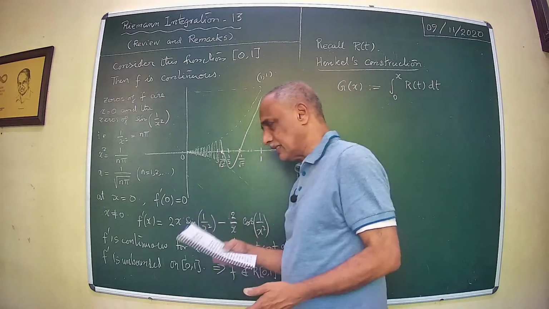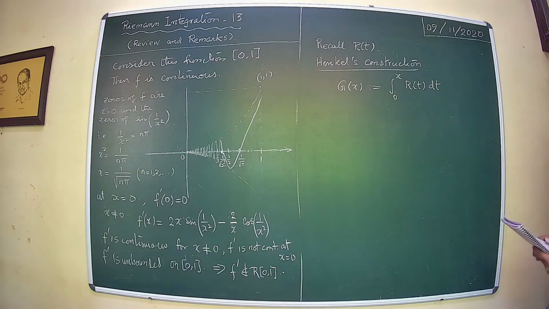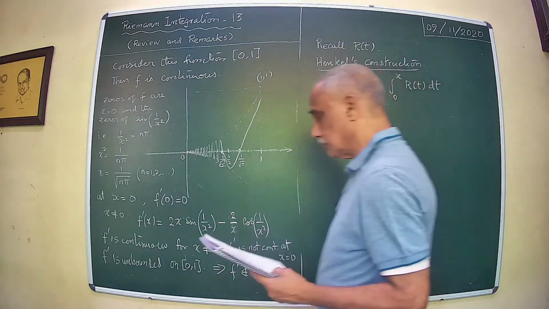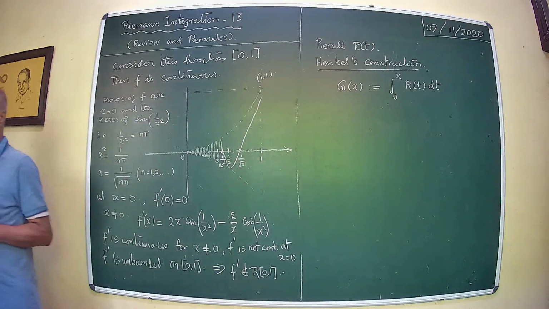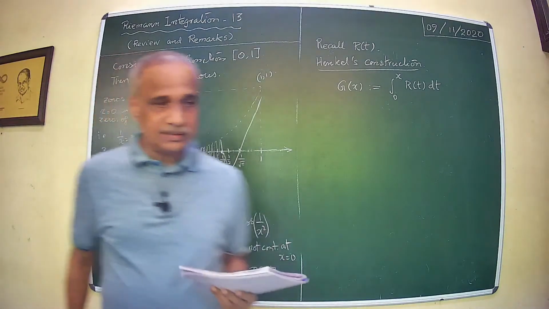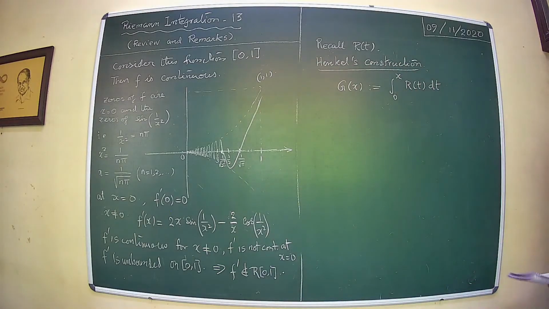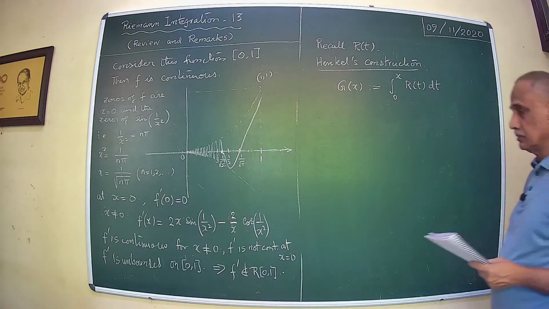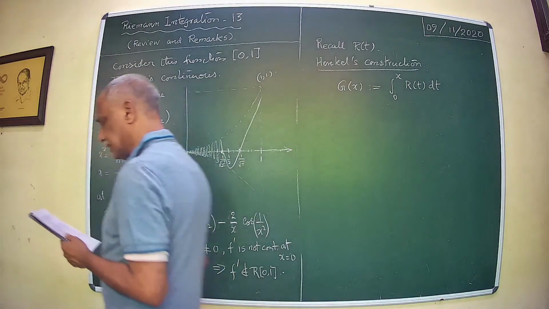So you go through the construction. I don't think I have discussed it in detail. However, the function is an integrable function. It's a bounded function, and you can show that it is an integrable function, so it's a Riemann integral.